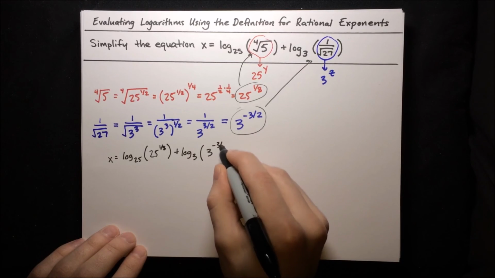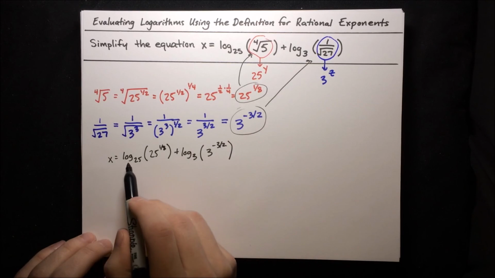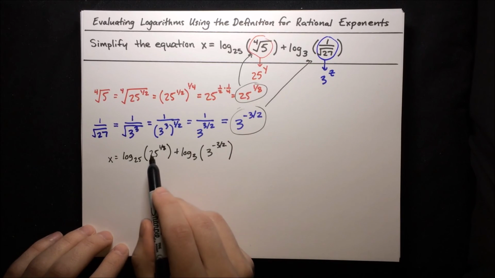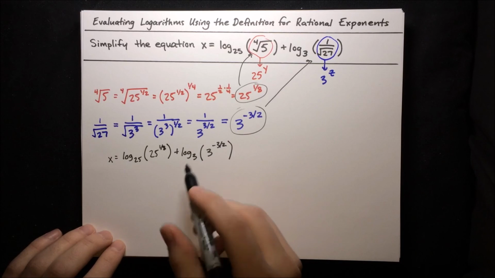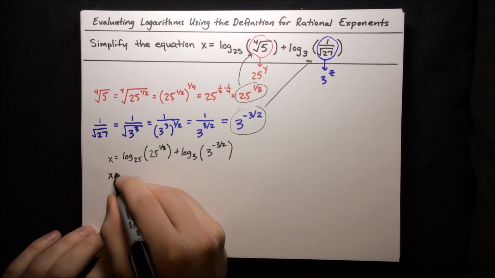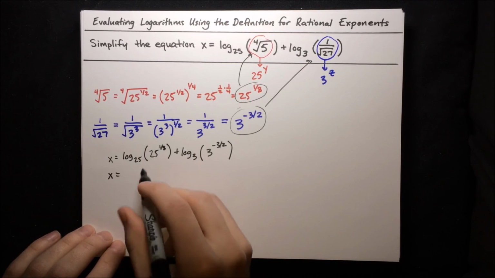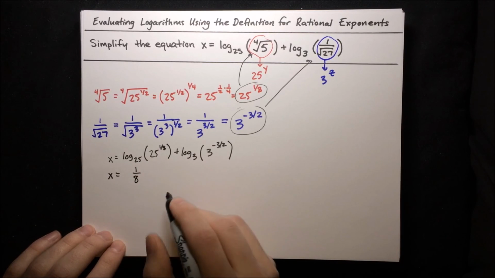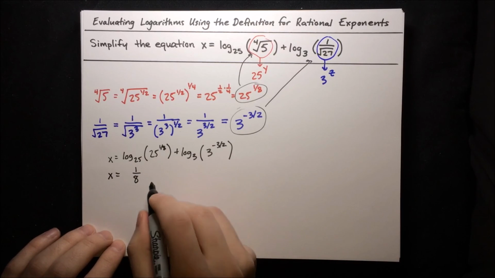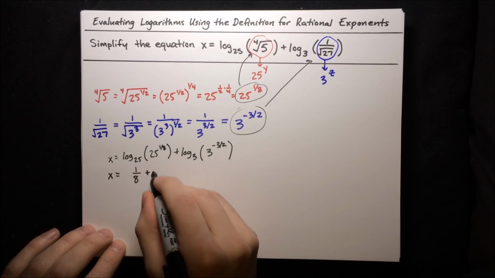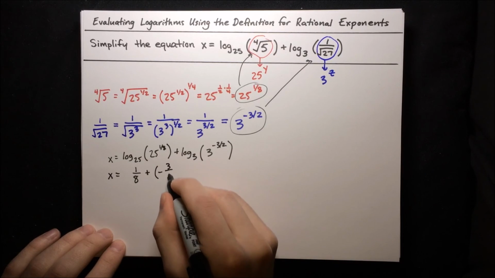That's easier to work with now. So great, now the bases match up, 25, 25, 3, 3, and x is just equal to the exponent here, 1/8, plus the exponent here, negative 3/2, so 1/8 plus negative 3/2.